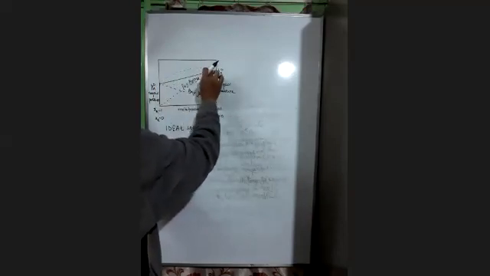Now with the positive deviation, see here, what is going to happen? In case of positive deviation, we found that the vapor pressure is more. See, this is the actual one supposed to be. Now this vapor pressure has become more.